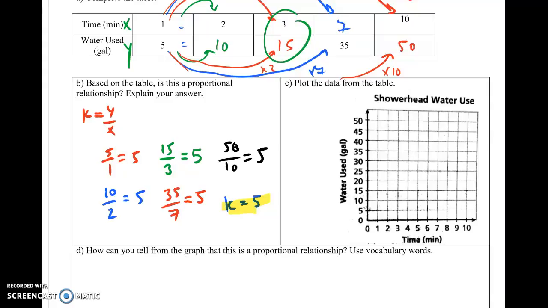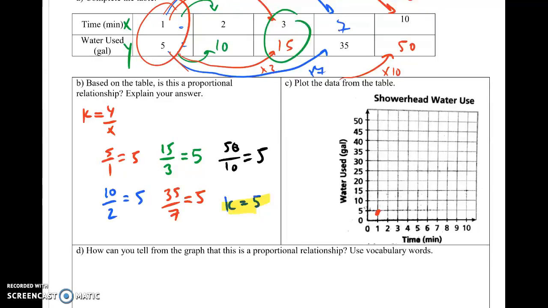Part C, plot the data from the table. So we have 1, 5. Our x is 1, y is 5. Our 1 is right here. We go up to 5.